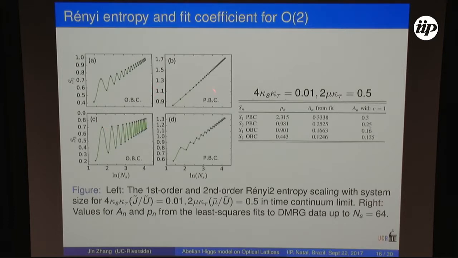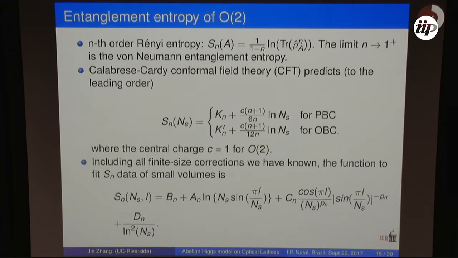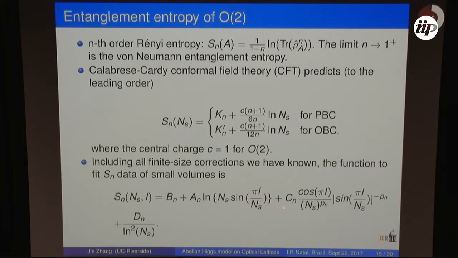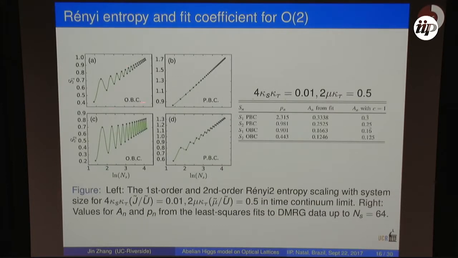Now we are going to fit this data. First, numerically we use DMRG to calculate the second order Renyi entropy and the first order Renyi entropy, which is the von Neumann entropy. We use this function to fit this data.